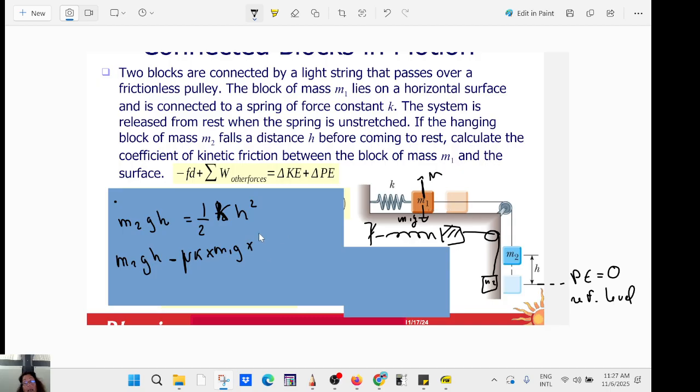So it's moving by h, and that will equal 1/2 k h squared. Don't forget that to find the friction, you need to find the normal force, so you have to go up equals down. And we suppose here there is no friction because it doesn't touch. So the only friction involved will be between M1 and the surface. Okay?